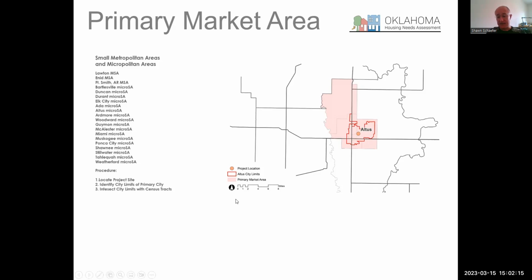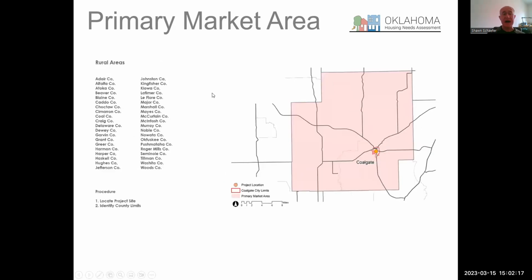Okay, and then lastly, if you're not in a metropolitan or micropolitan area, you're in a rural area. And so this is relatively straightforward. There's 40 counties that are not part of a metro or micro area. And so if we look at this example, we'll pick a project located in the city of Colgate, which is in Cole County. We drop down the dot, and then we just identify, hey, what county are we in?